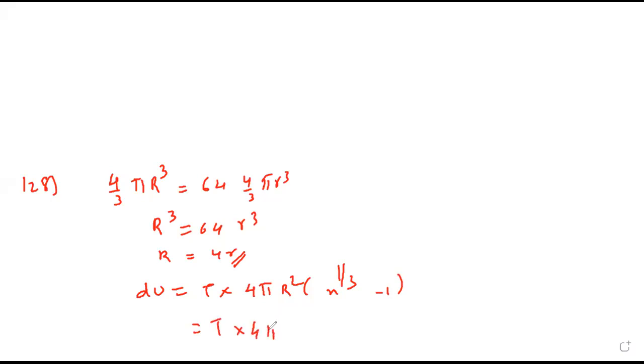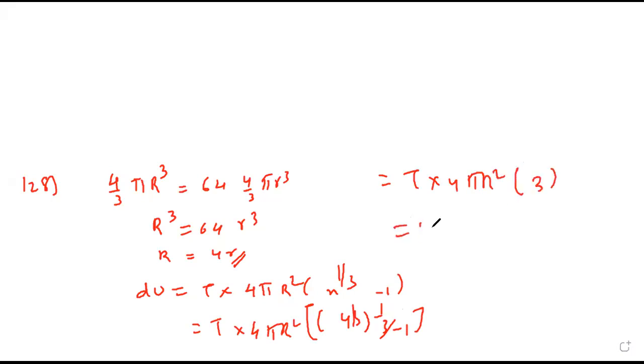T into 4 pi capital R square, n is 64, so it is 4 cube raised to 1 by 3 minus 1. That is T into 4 pi R square into (4 minus 1), which is 3. So 12 pi R square T. Therefore option C.